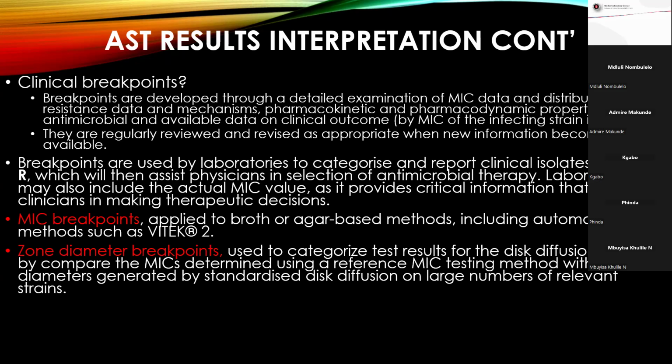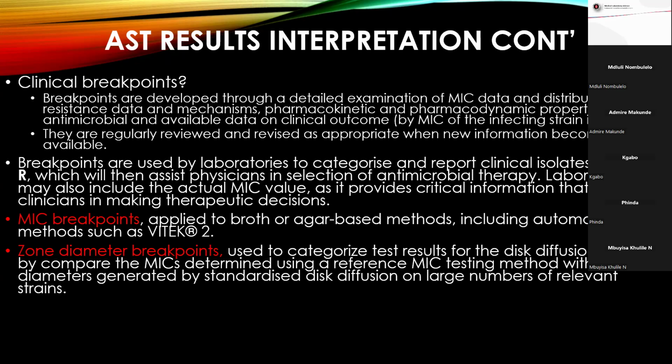It also involves testing at a larger scale, then you come up with a statistical analysis, not done again at a facility level. That's why you have to use guidelines. So for you to interpret, you need results, whether it's susceptible or resistant.